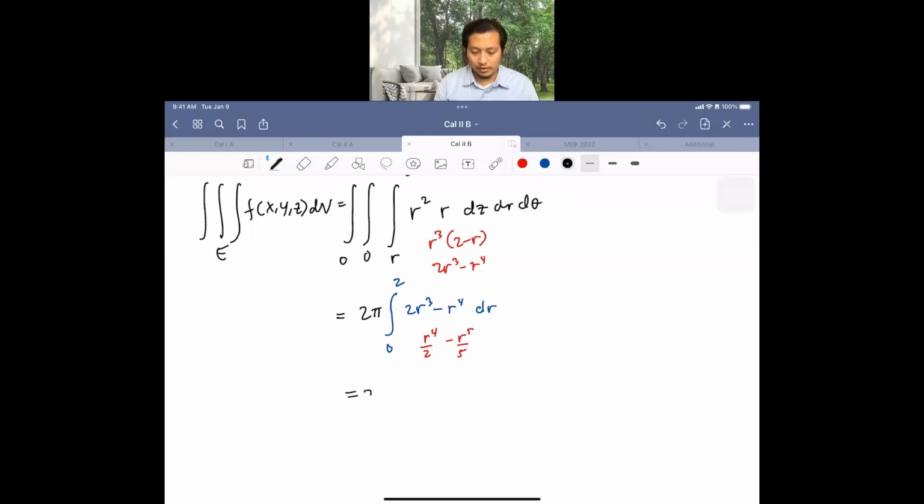So 2 pi from 0 to 2: 16 over 2, 8, minus 32 over 5. So this will be equal to 16 over 5.